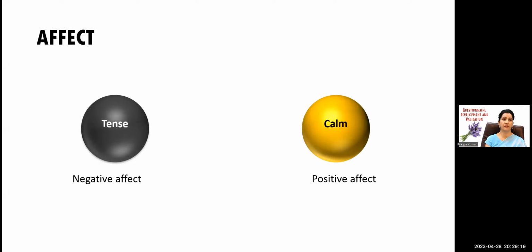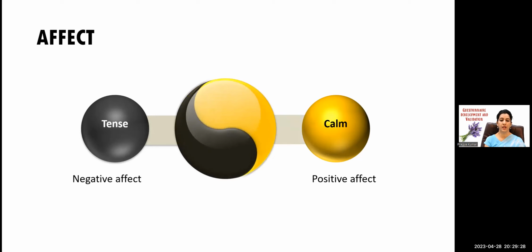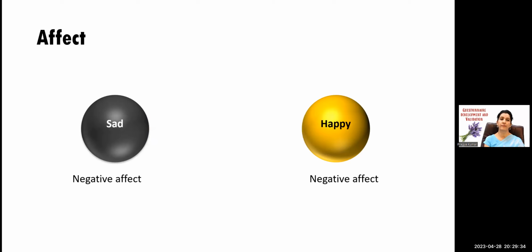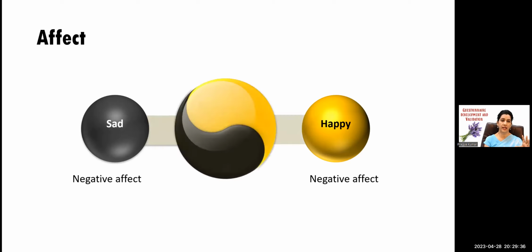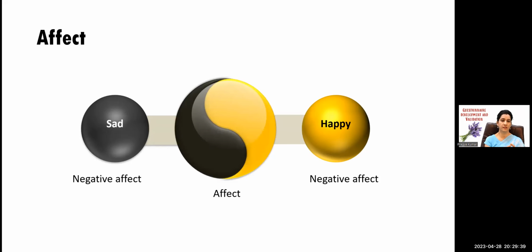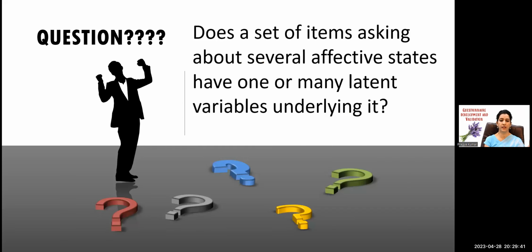Similarly, in affect there can be two poles, like there can be negative affect like tense, and there can be positive affect like calm. So this affect has got many shades. Similarly, sad and happy, again affect, it has a combination of both positive and negative.